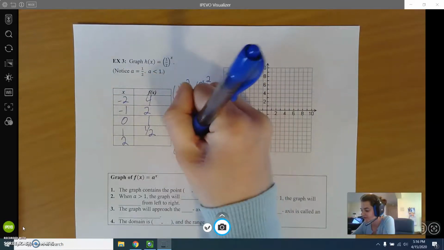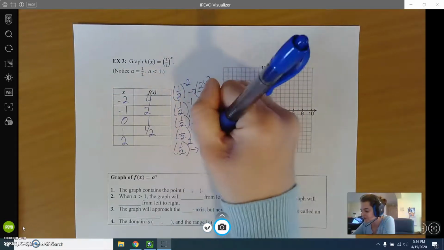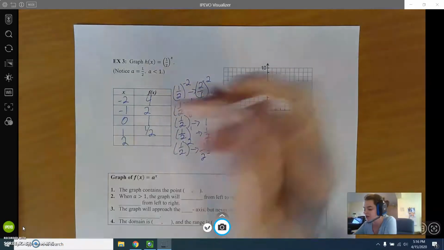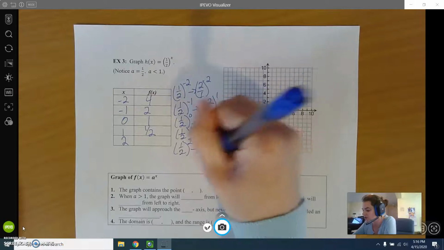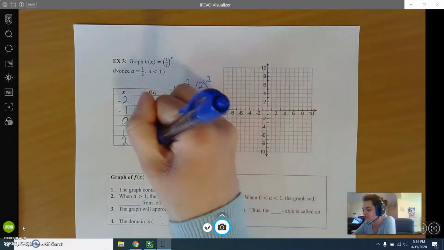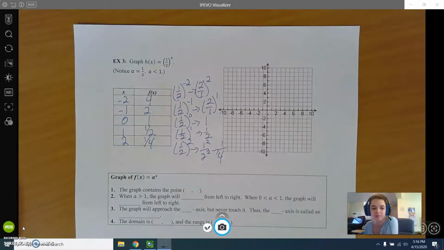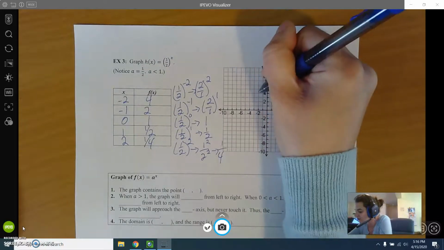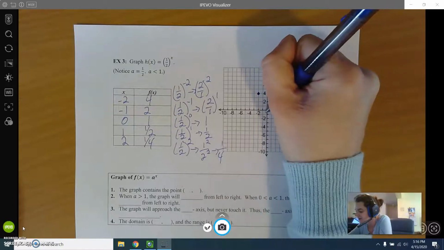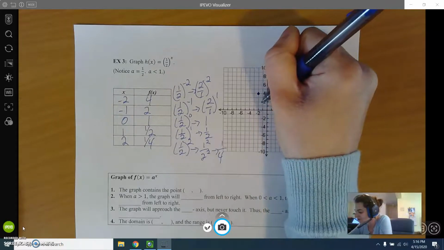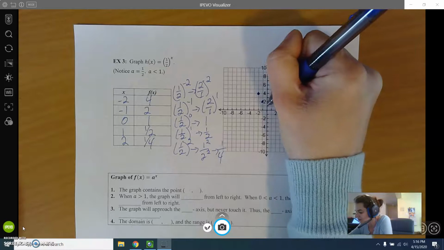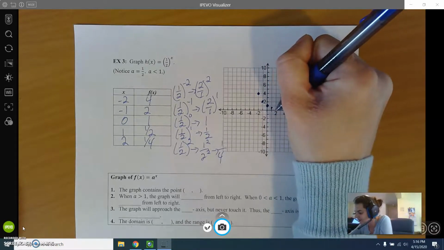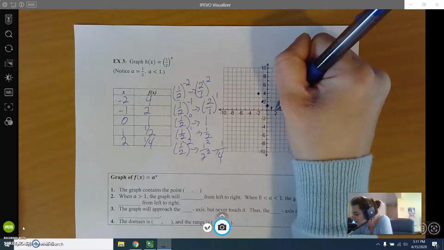And 1/2 raised to the second power, that would be like 1 squared over 2 squared, if that helps your brain a little bit. 1 squared is 1, and 2 squared is 4, so we would get 1/4 for that one. Let's go ahead and plot it. So my first point is (-2, 4). My second point is (-1, 2). Then I have (0, 1), (1, 1/2), and (2, 1/4).